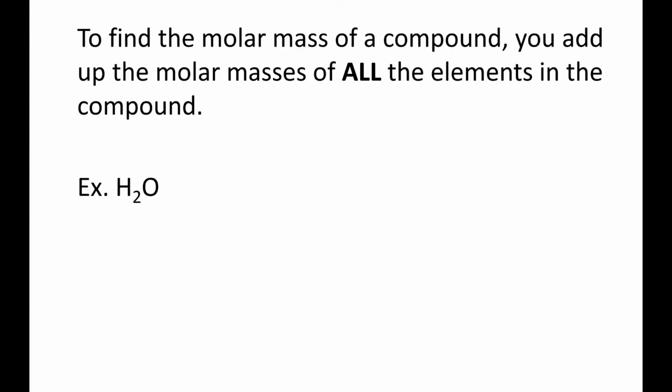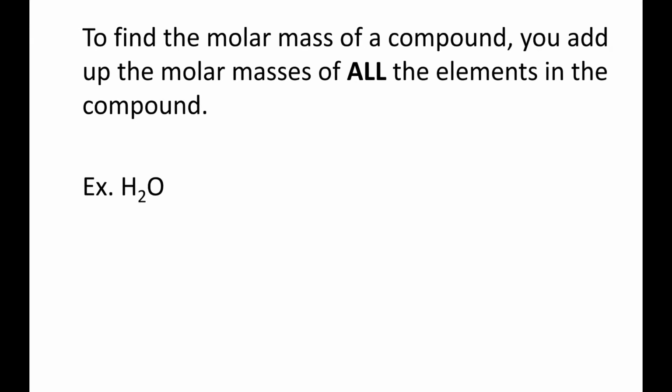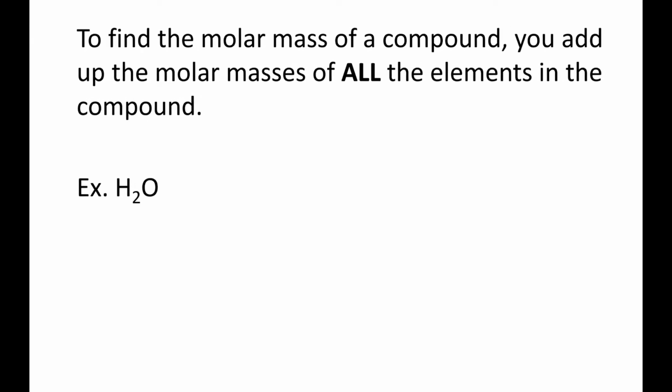Okay, to find the molar mass of a compound, you add up the molar masses of all the elements in that compound. So let's look at water. Water has 2 hydrogens and 1 oxygen. So 2 H's plus 1 oxygen. Our hydrogens have a mass of 1.01 grams per mole, and our oxygen has 16 grams per mole.